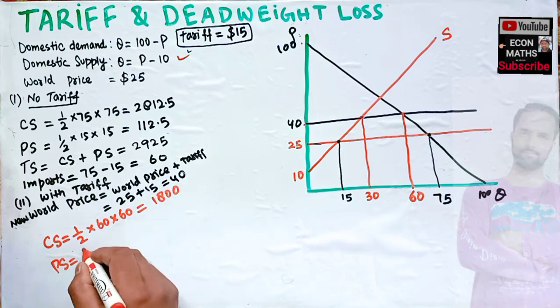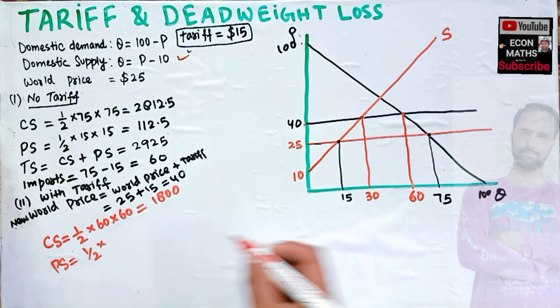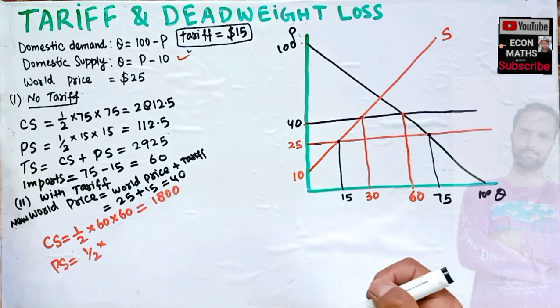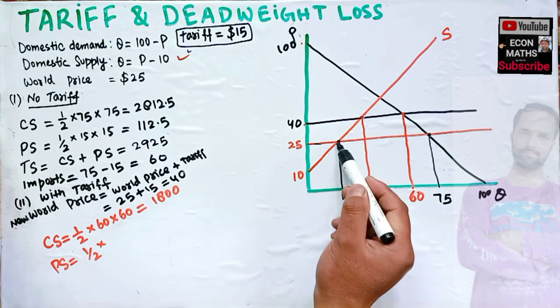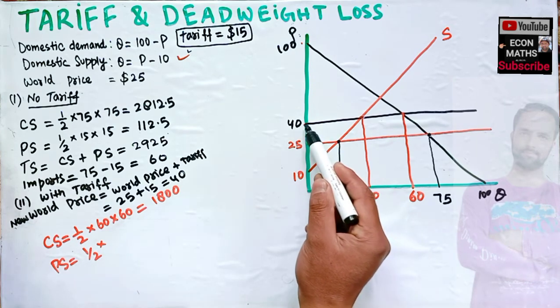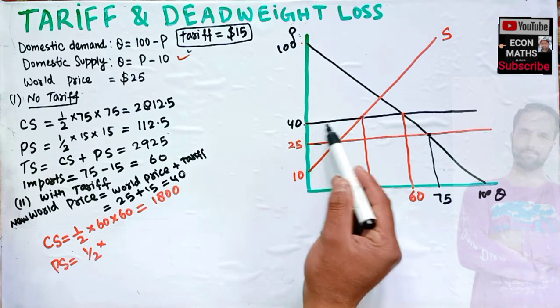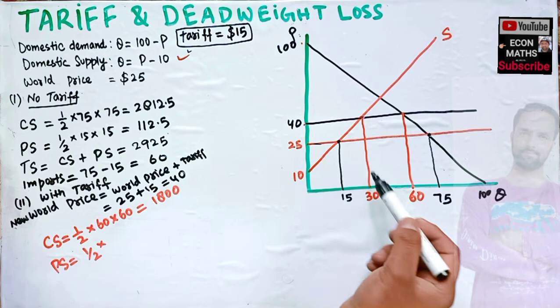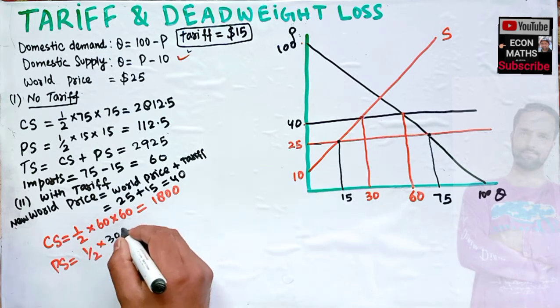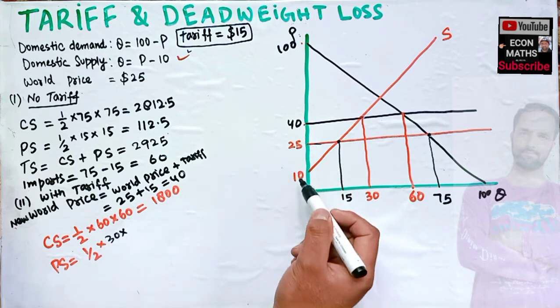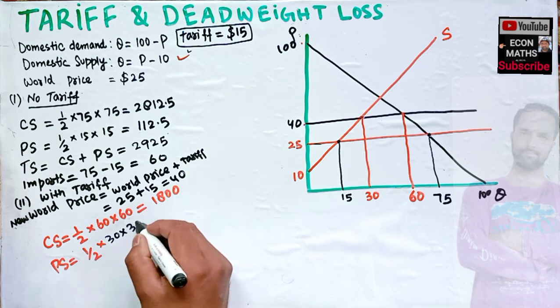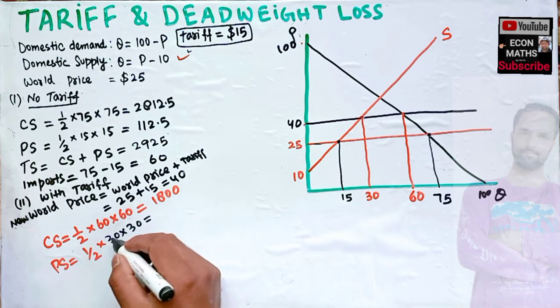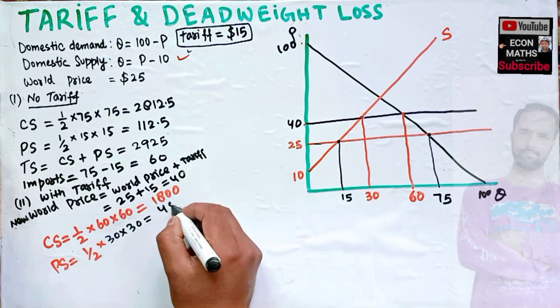What is producer surplus? If you can see here, producer surplus has increased. Initially this was our producer surplus. Now this triangle is our producer surplus. Its area is 1/2 of base. Base is 30, so 30 into height, 40 minus 10, which is also 30, and this comes out to be 900 upon 2, which is 450.